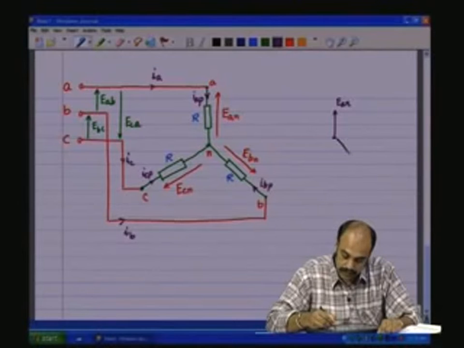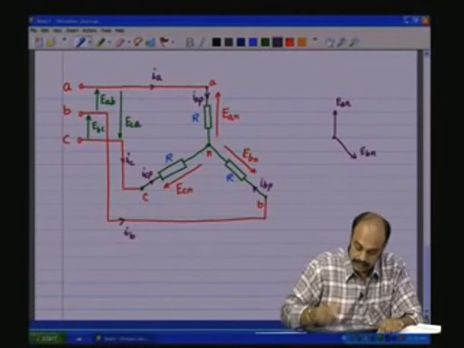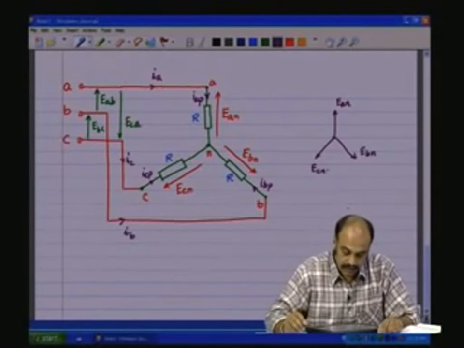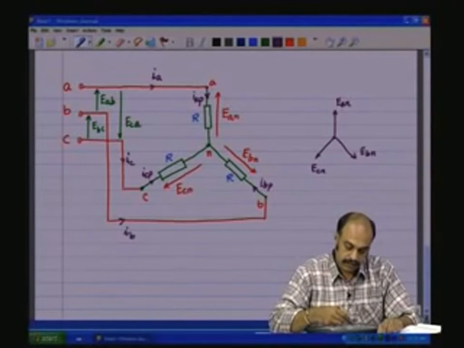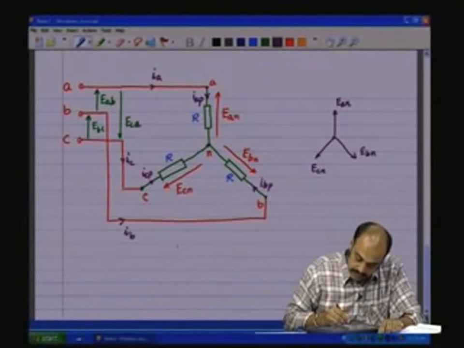120 degrees away, same amplitude, we have EBN. You see EBN, and then we have ECN 120 degrees away. This we know. This is the voltage across every phase. Now, what is EAB?